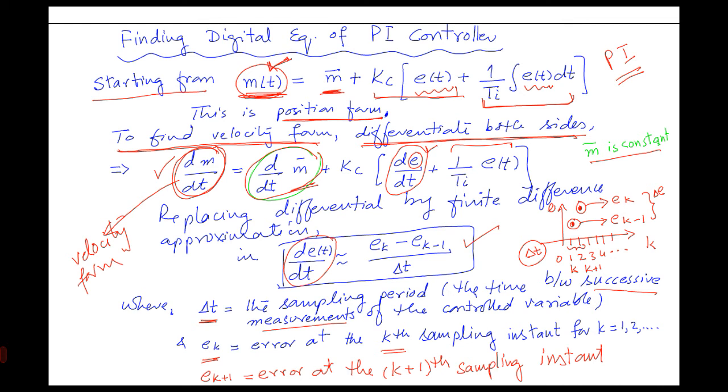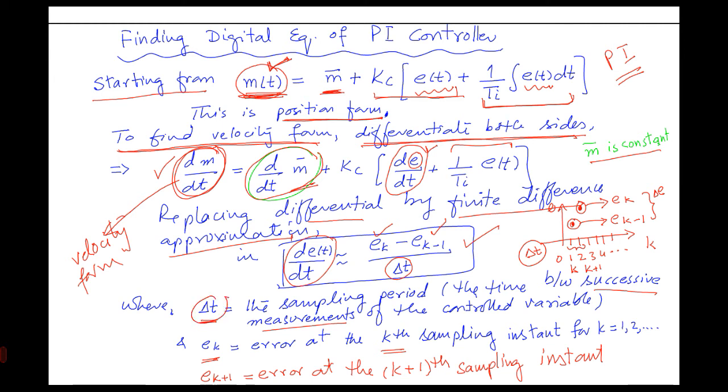Finally, we replace the differential by the finite difference approximation: the next value minus the current value, or the current value minus the previous value, ek minus 1, divided by delta t. This is going to be the approximate differential between the two samples.